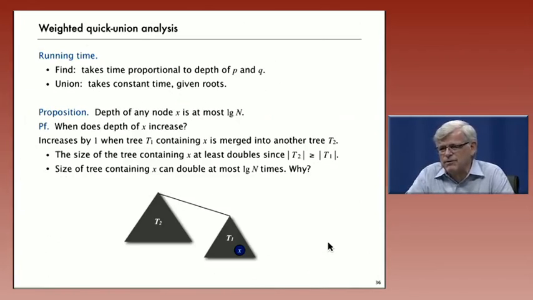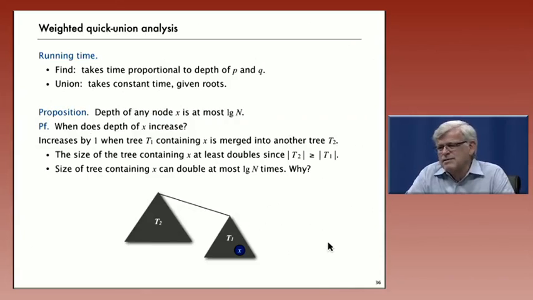When does it go down further in the tree? Well, x's depth will increase by 1 when its tree, T1 in this diagram, is merged into some other tree, T2 in this diagram. Well, at that point, we said we'd only do that if the size of T2 was bigger than or equal to the size of T1.